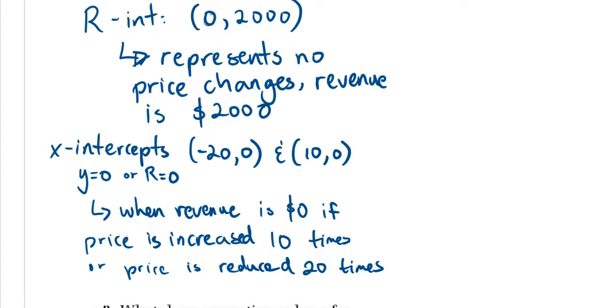Zero tickets, $0 tickets, free tickets basically. But if you increase it 10 times, so $10 more, to $30, no one would be interested in purchasing tickets because it would be too expensive. Okay.